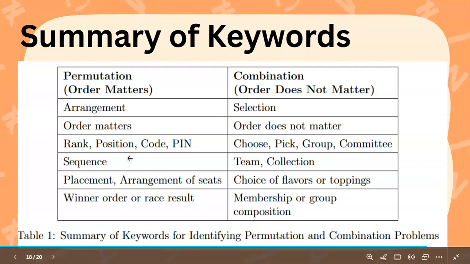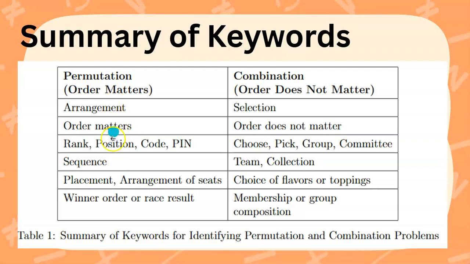Now let's keep track of the summary of keywords. For column 1, it is a permutation problem when the order matters. And the problem situation has either of the following keywords: arrangement, order matters, rank or position, code or pin, sequence, placement, arrangement of seats, winning order or race result.